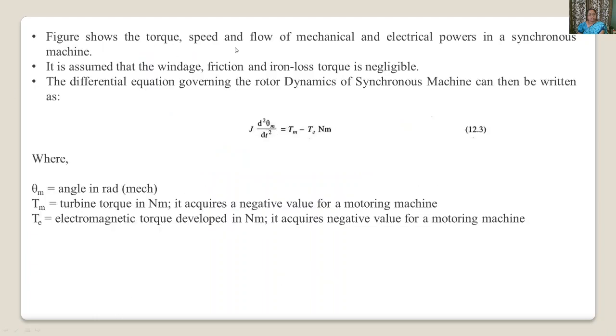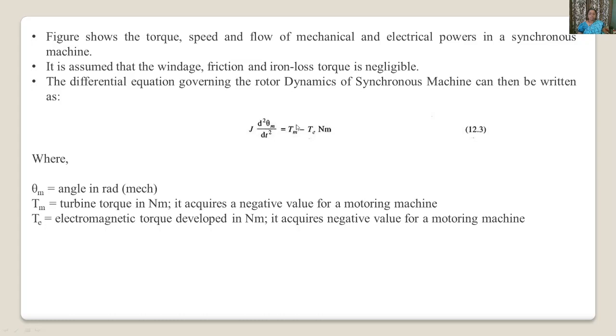The figure shows torque, speed and flow of mechanical and electrical powers in a synchronous machine. It is assumed that windage, friction and iron loss torque is negligible. The differential equation governing the rotor dynamics of a synchronous machine can then be written as J d2 theta m by dt square is equal to Tm minus Te.